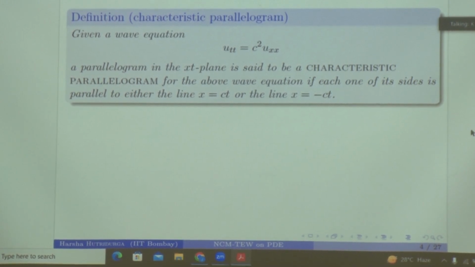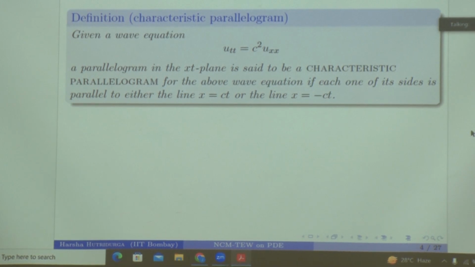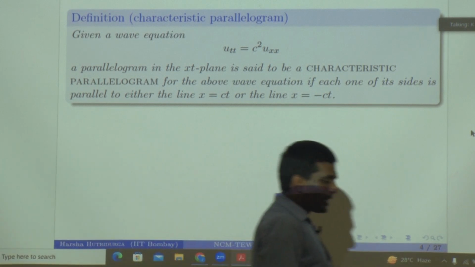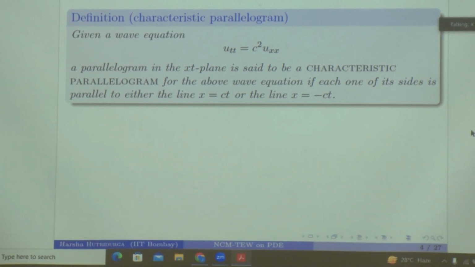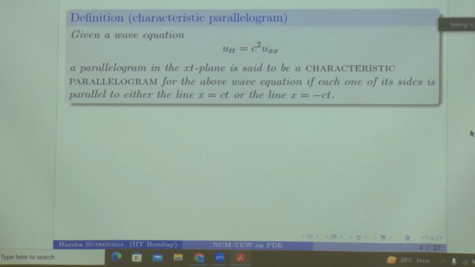That's the parallelogram. So now, if you have got 4 sides to your parallelogram on the xt plane, if 2 of its sides are parallel to the line x is equal to ct, and the other 2 are parallel to x is equal to minus ct, you call such a parallelogram the characteristic parallelogram associated with this equation.